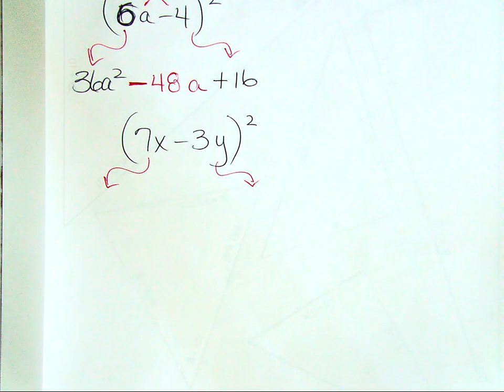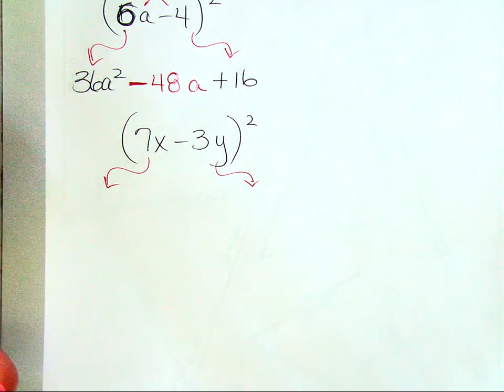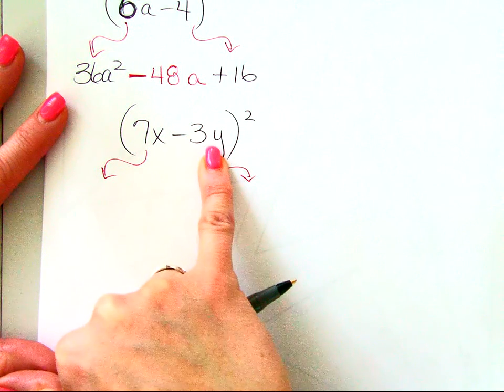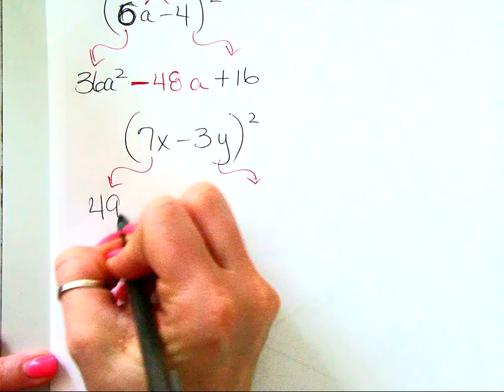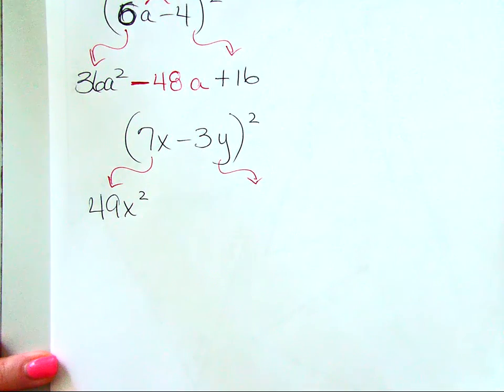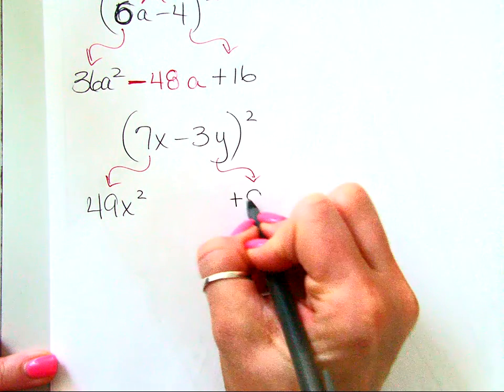Square the first, square the last, multiply them together, double, then you have your answer. Okay, they got it? It's kind of tricky because I threw another variable in there, right? But that's okay because look, I'm still going to have 49x squared. I'm still going to have a positive 9y squared.